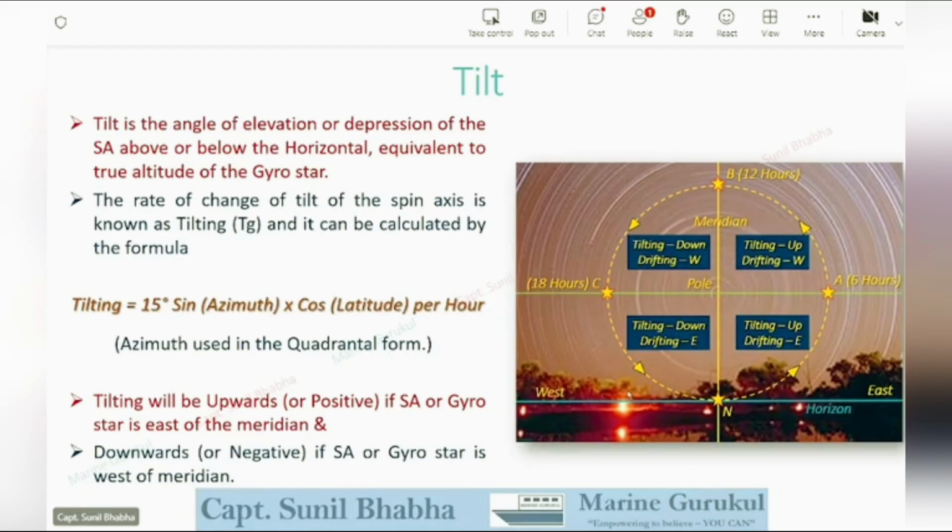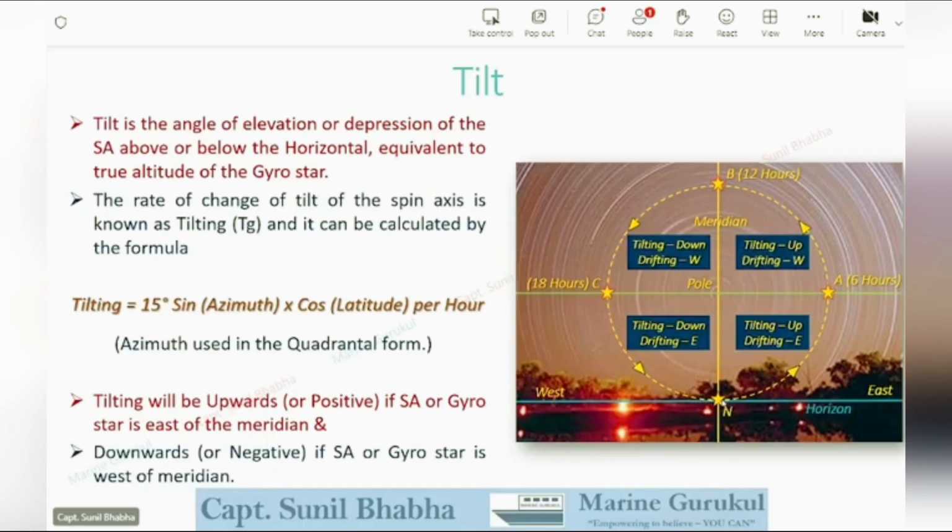Tilt is the instantaneous position of the star or the spin axis with respect to the horizon. Tilting is the motion. Like in this entire yellow circle, the tilt is not down or negative anywhere. The tilt is always up. At point N it is 0. Other than N, everywhere the tilt is up. But the motion is not upwards all the time.